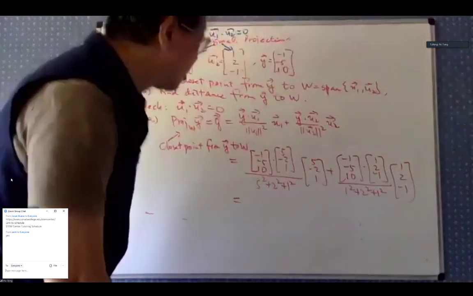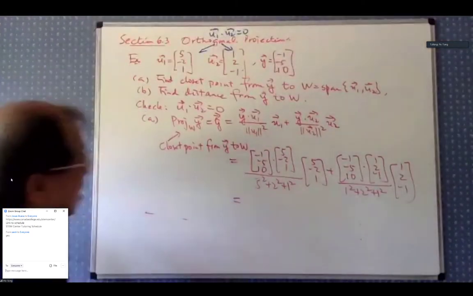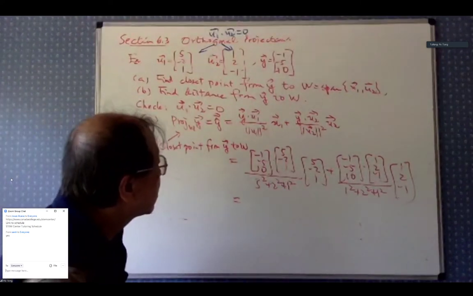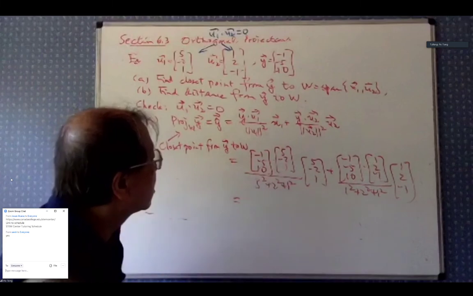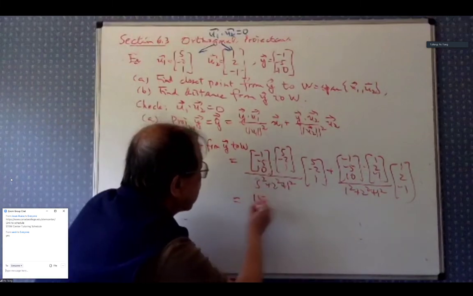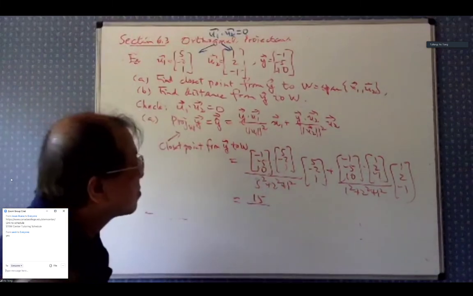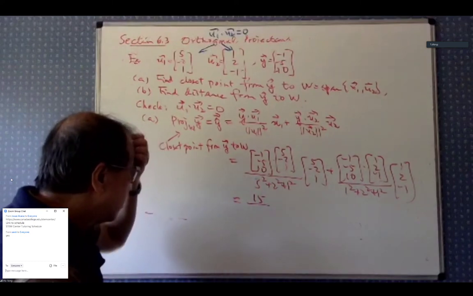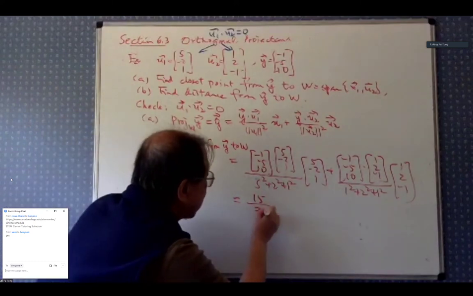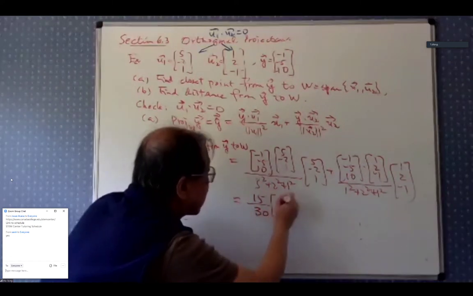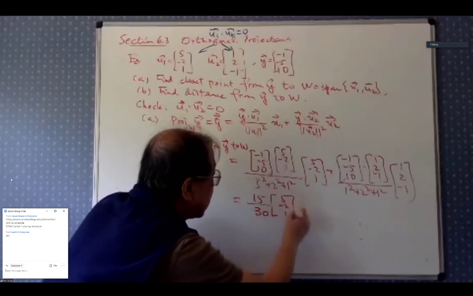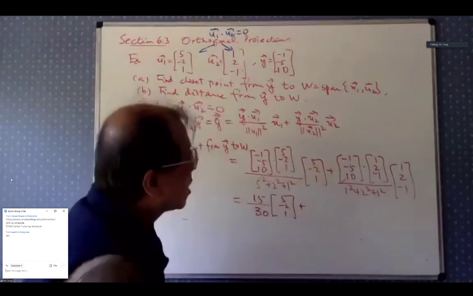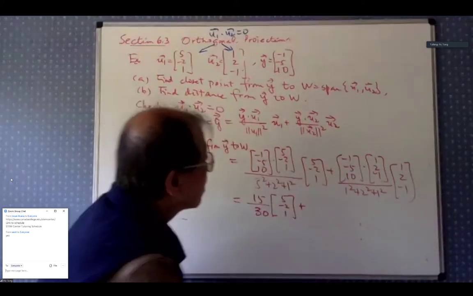So what are these numbers now? Okay, you guys help me out. 10 plus 10 is 20. So this one will be 15. Is that correct? 15 divided by 30. Fantastic. This is a negative.